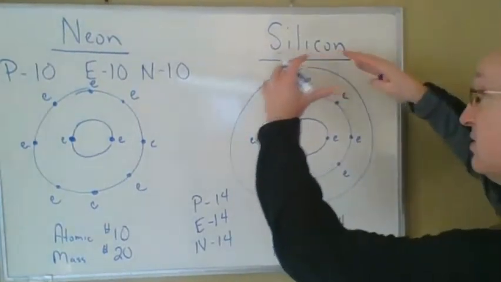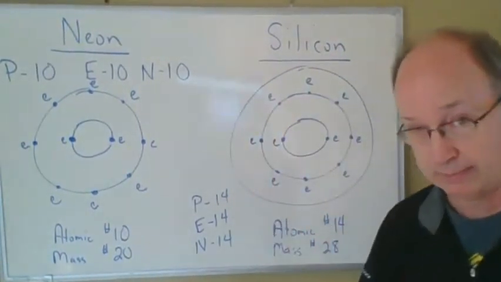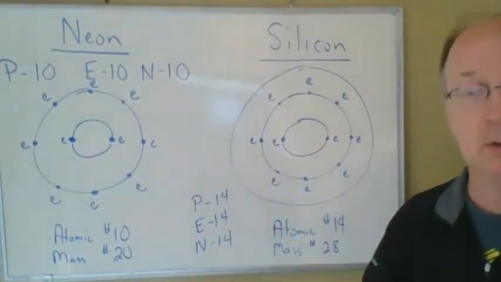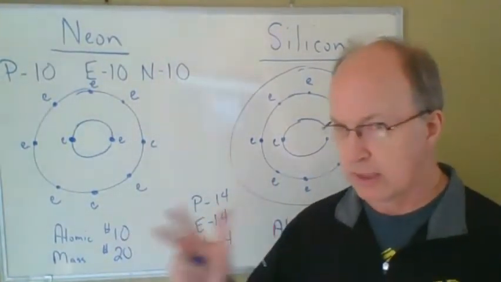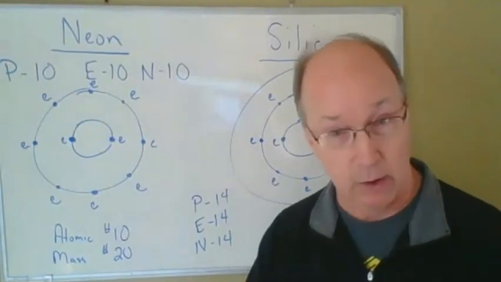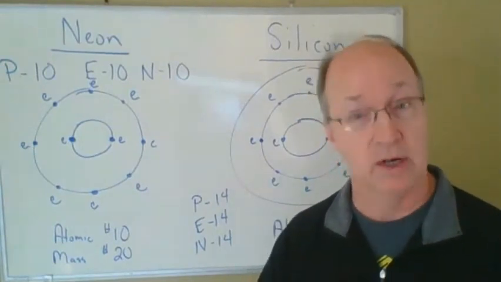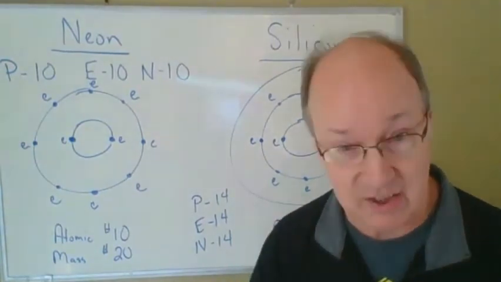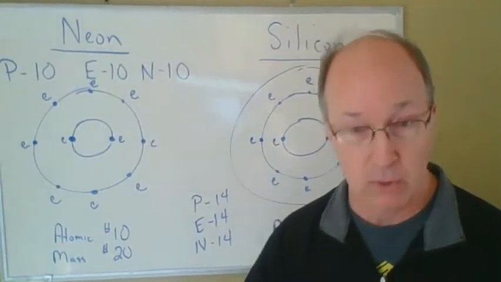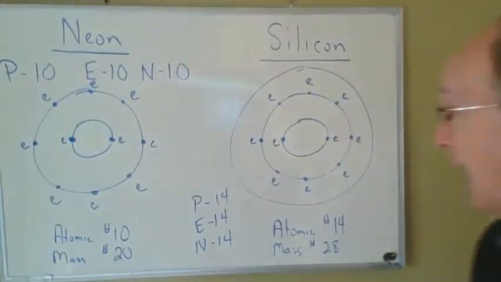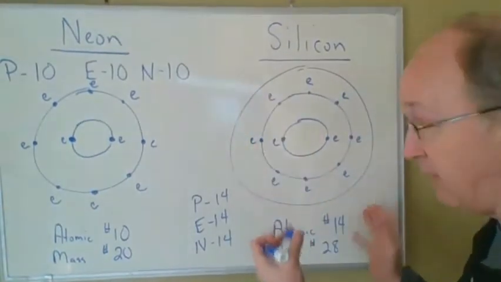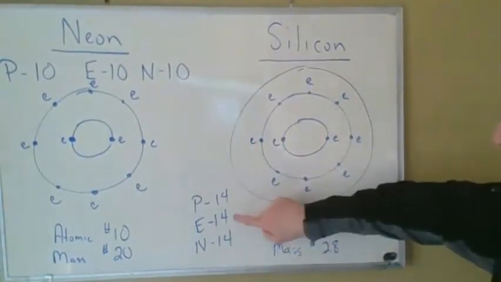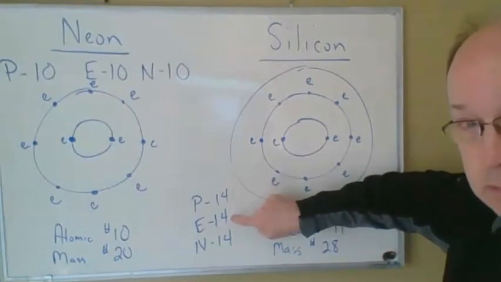So now we need this third energy level. So how many can go in the third energy level? Well, actually, it's a little bit tricky with the third energy level, but for now, we're going to say also 8. 8 more can go in the third energy level. How many more do we have left? Well, we need 14.